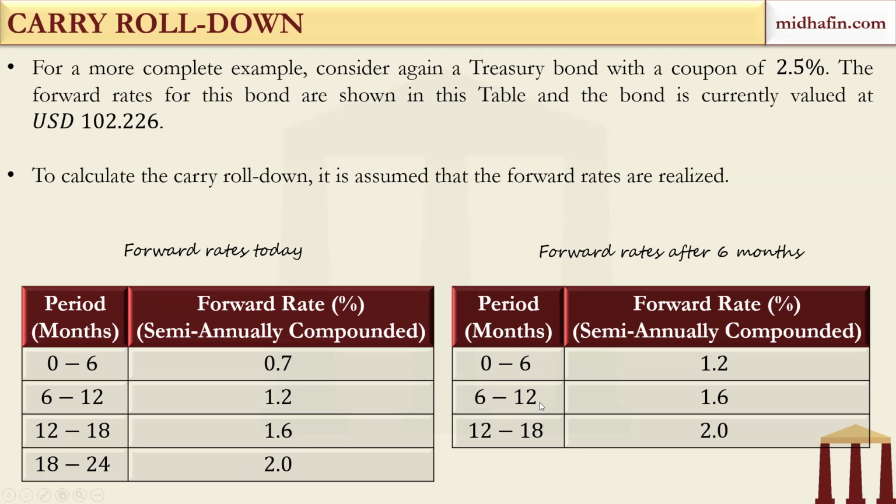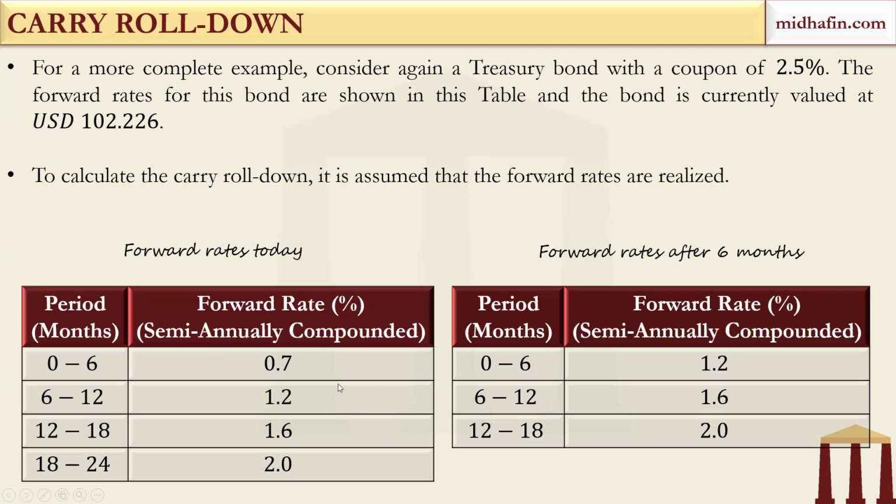Sorry, when the forward rates are realized, first rate is discarded. And when the assumption is forward rates remain unchanged, last rate is discarded. That's a shortcut I can tell you.